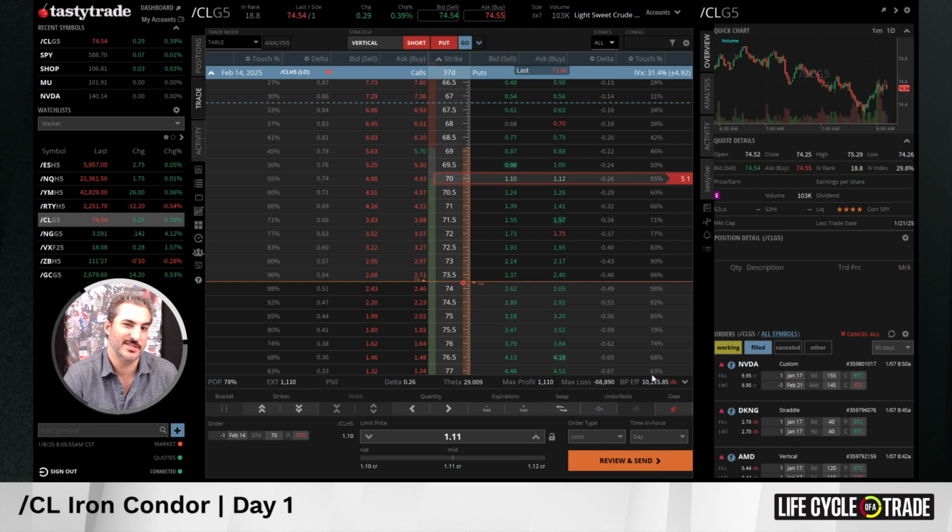Equities are margined to somewhere between 20 and 50% of the max risk on that position. So if you sell a put at the 100 strike on a stock, it usually uses somewhere between $2,000 and $5,000 to hold that position, depending on the volatility in that underlying. With SPAN margin, you get almost 6 to 8 times leverage on your position in terms of the actual capital that you put out there.